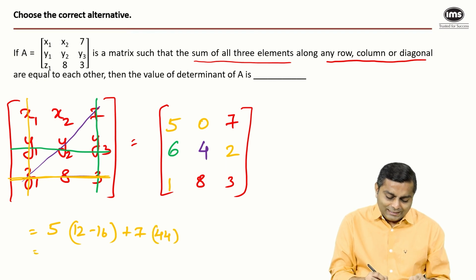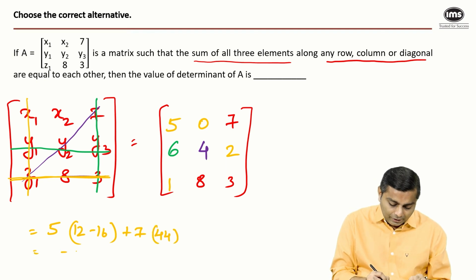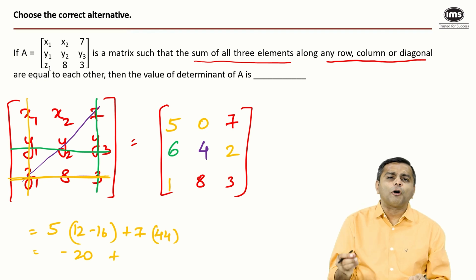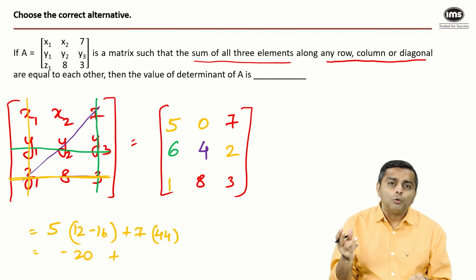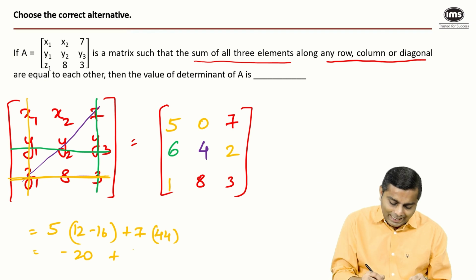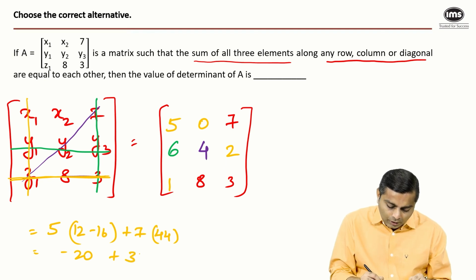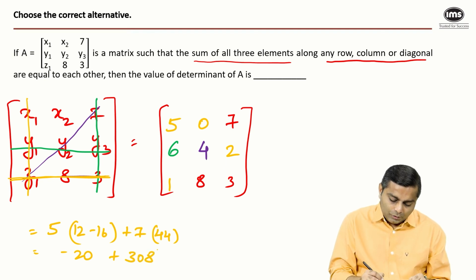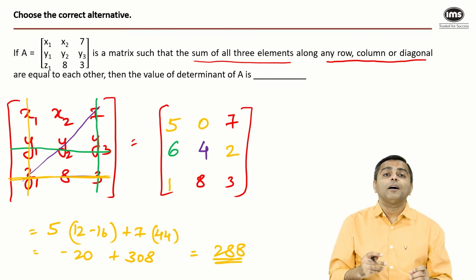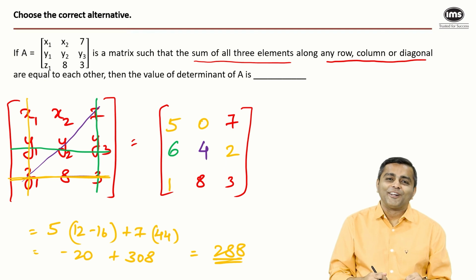So 12 minus 6 is minus 4, and into 5 minus 20, plus 7 into 44. 7 into 40 is 280, 7 into 4, 28, 280 and 28 is 308. And 308 minus 20 is nothing but 288. So that is going to be our answer for this particular question.